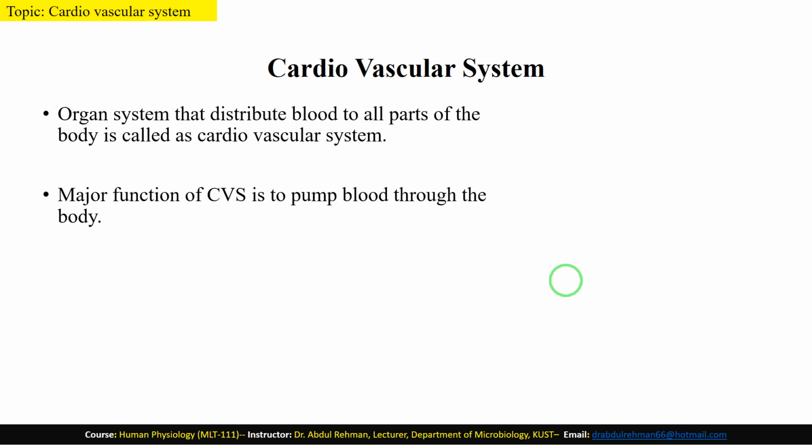Oxygenated blood contains oxygen and nutrients. So with the help of the cardiovascular system, the oxygenated blood is pumped from the heart to all parts of the body, while deoxygenated blood contains carbon dioxide and metabolic waste. So in return from the tissues, deoxygenated blood is brought back to the heart through the cardiovascular system.